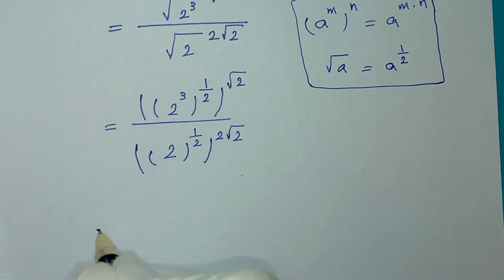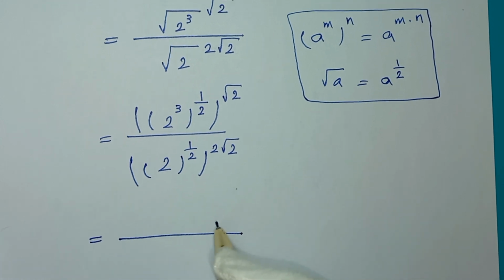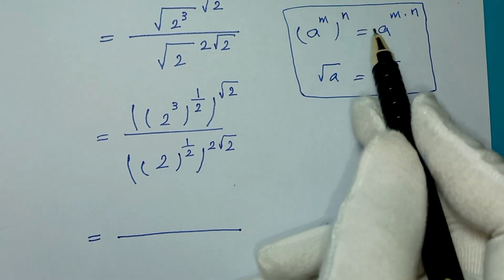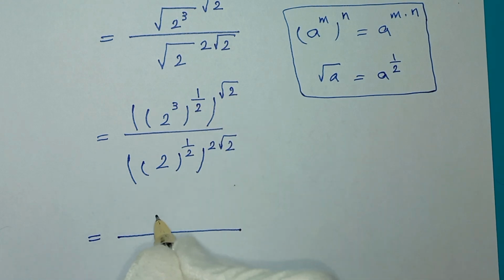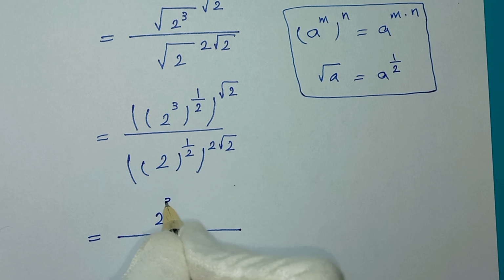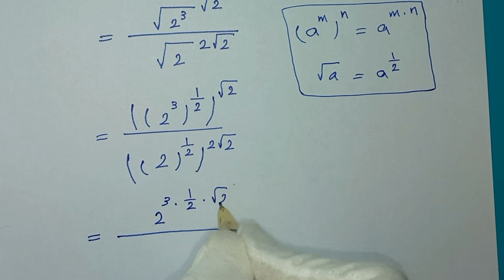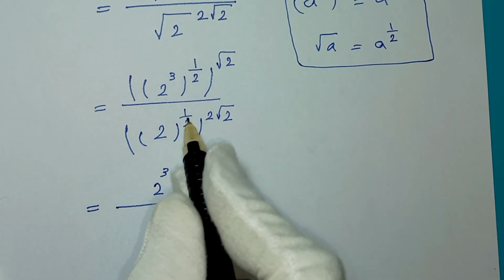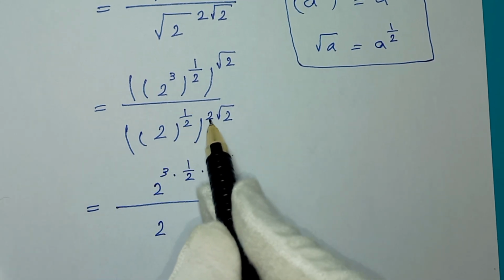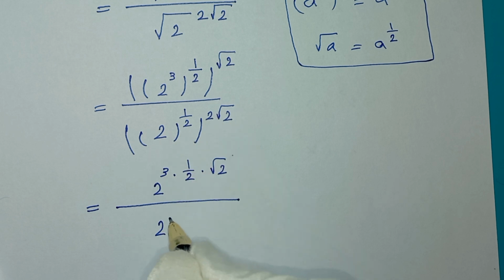In the next step, from this formula, we can multiply these powers, so it will be 2 to the power of 3 times 1 over 2 times square root of 2, over 2 times 1 over 2 times 2 square root of 2. These 2 will cancel these 2, and it will be 2 to the power of square root of 2.